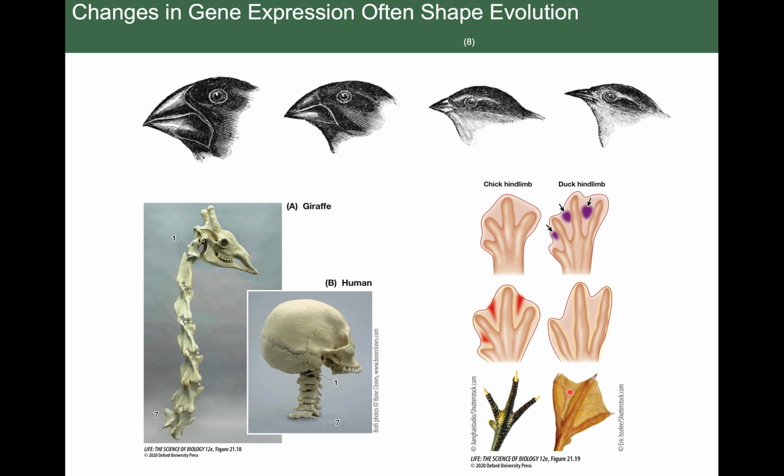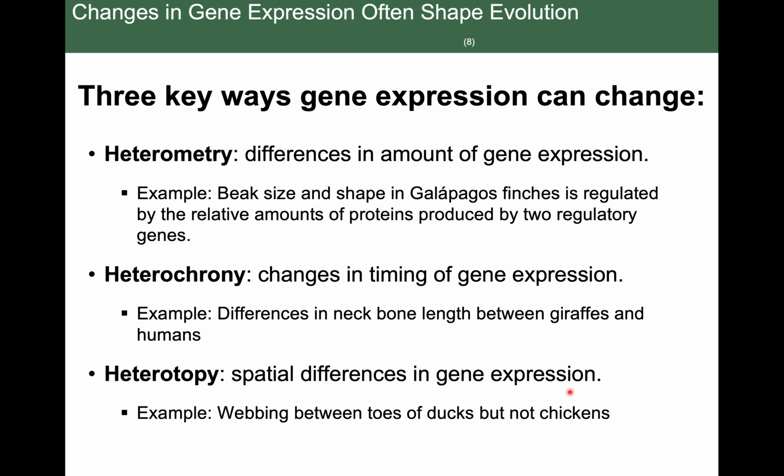So we have that one difference in the tissue specific gene expression pattern that's giving you this difference in morphology. So basically, what I hope you're walking away from this with is yes, we can change the sequence of genes, and of course, that can alter gene function and morphology.